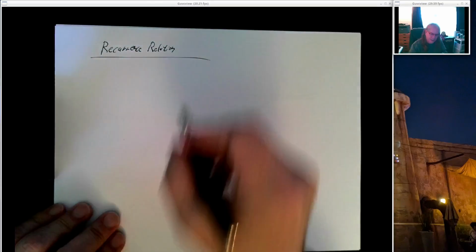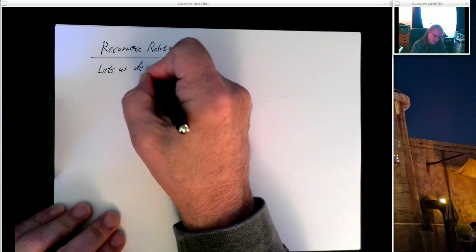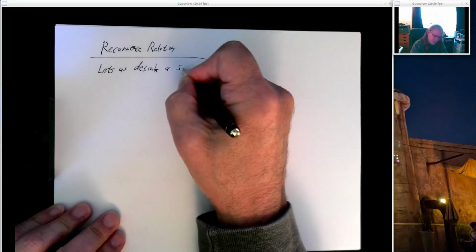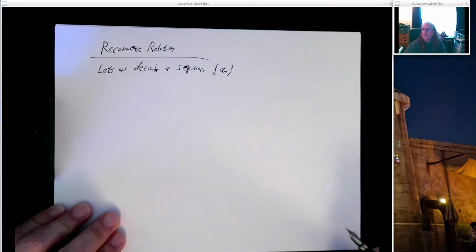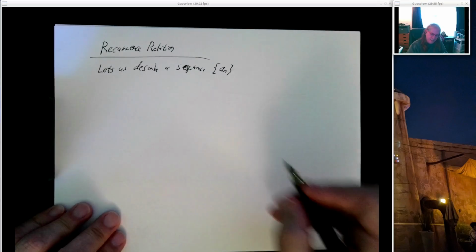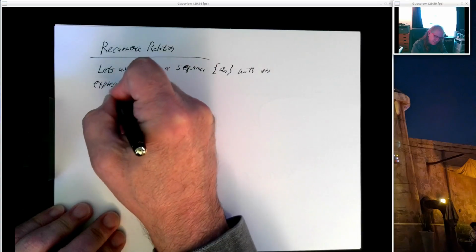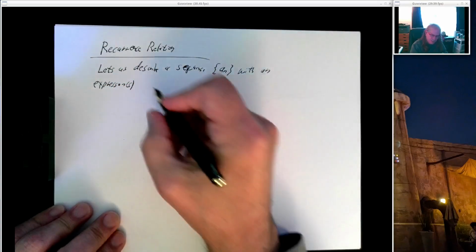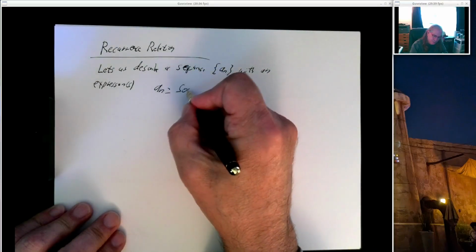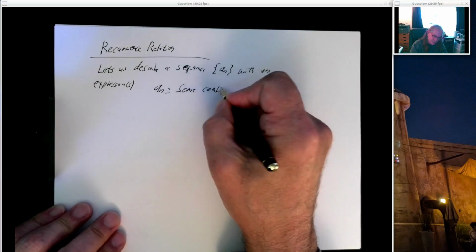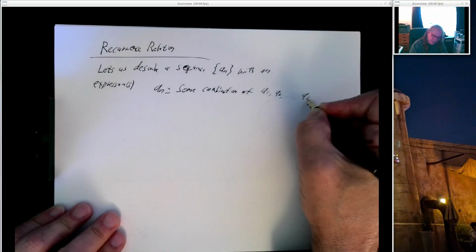So a recurrence relation lets us describe a sequence of things a sub n with an expression, or maybe multiple expressions, a sub n equals some combination of a1, a2, up through a n minus 1.